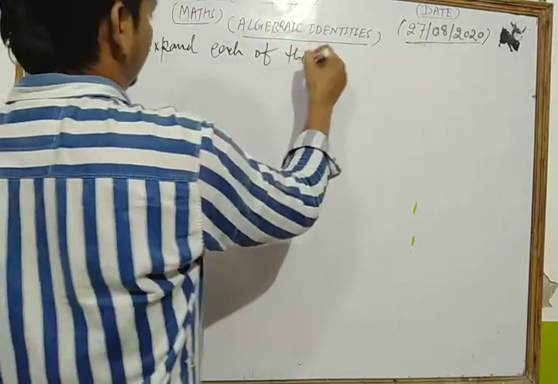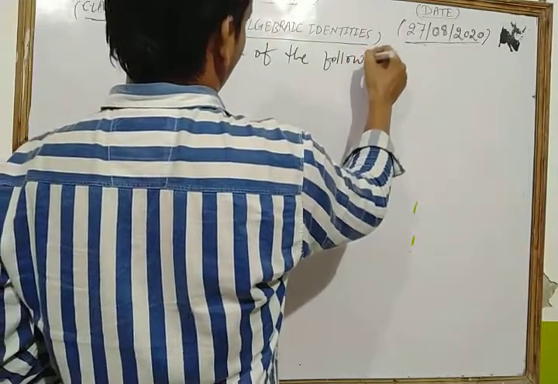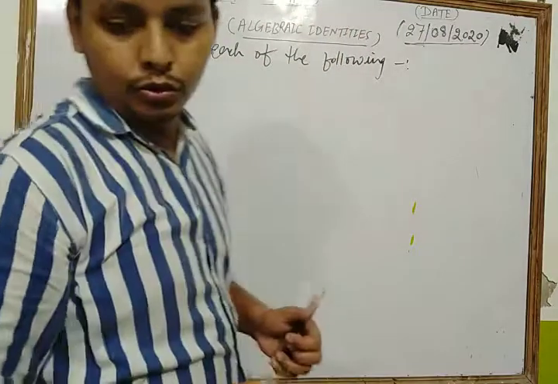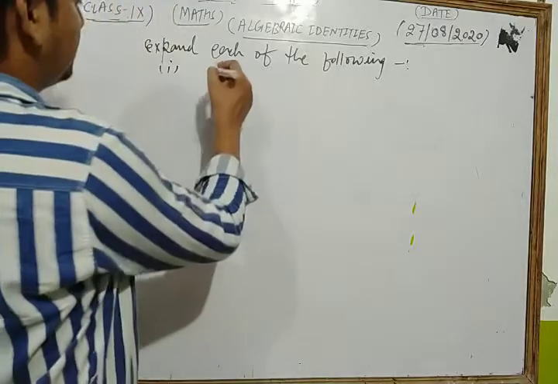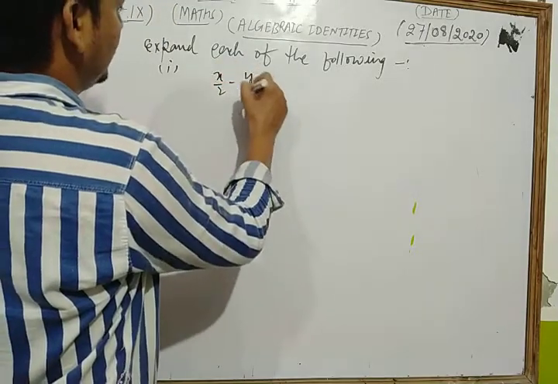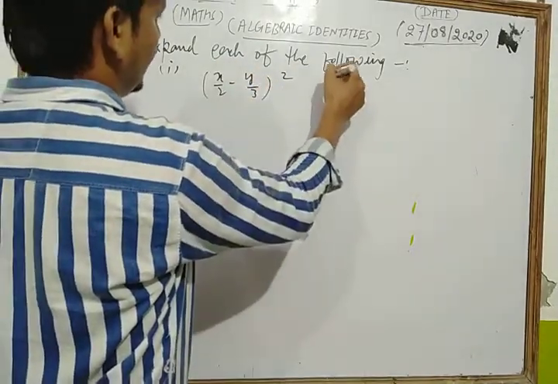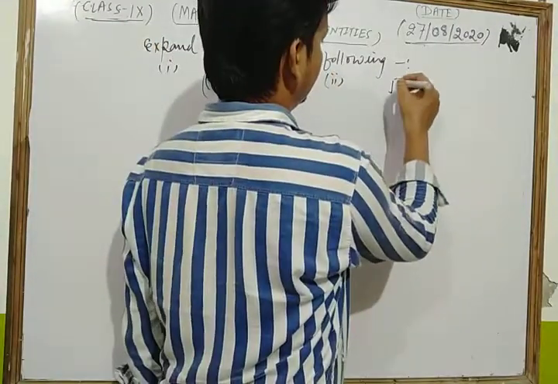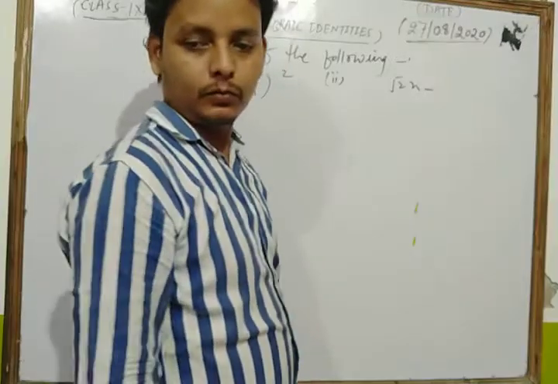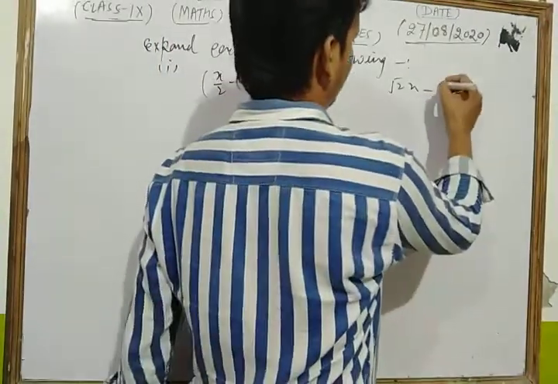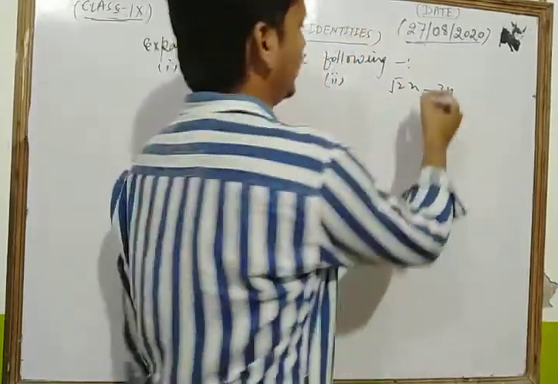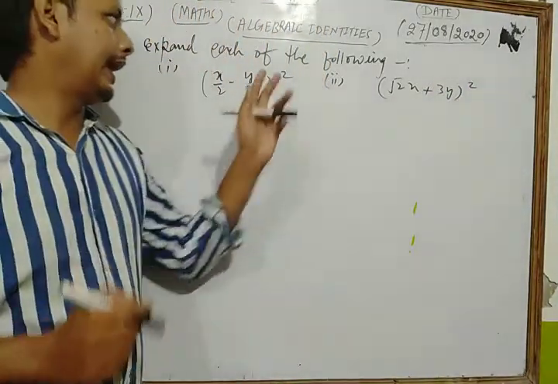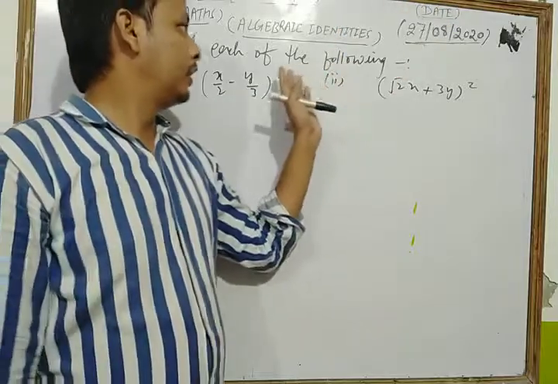First one is (x/2 minus y/3) whole square, and second one, dear students, is (root 2x plus 3y) whole square. The question is: expand each of the following.